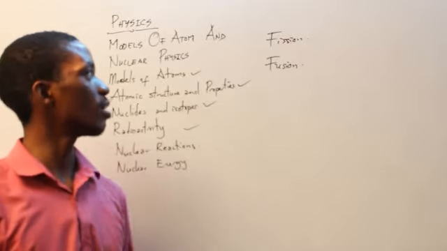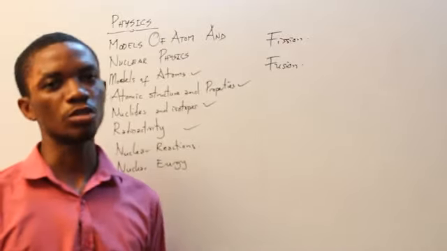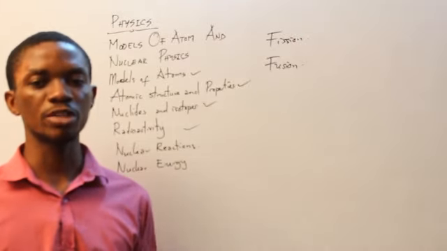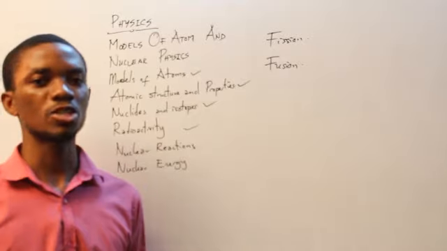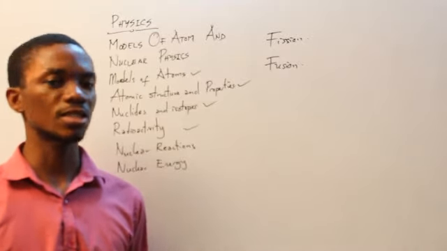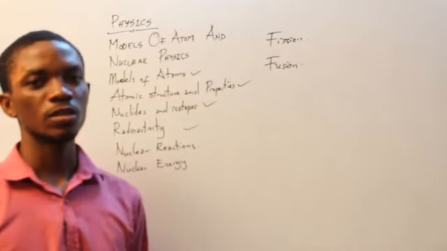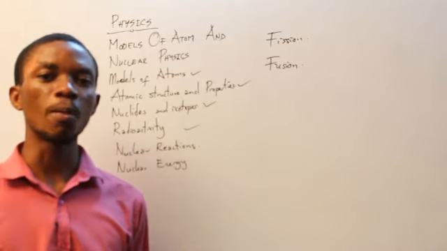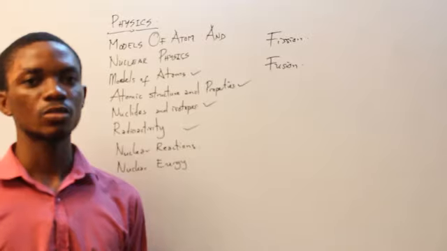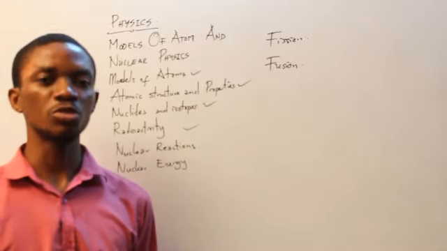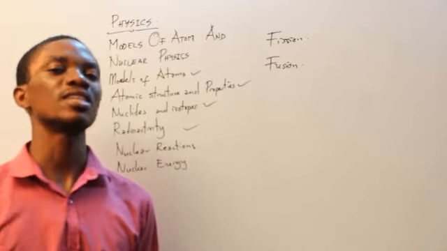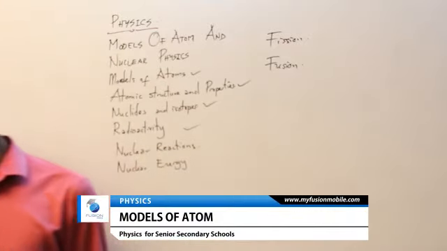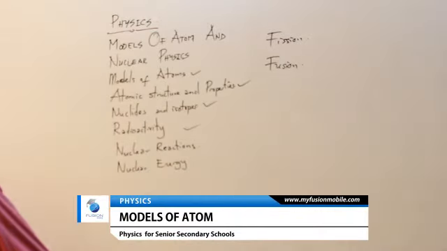So radioactive decay is a fission process where you leave something like uranium, and it breaks down into something simpler. That is a fission process. But when you bombard to create more energy, of course you use a lot of energy to bombard, but an even greater energy would be created in the fusion state.